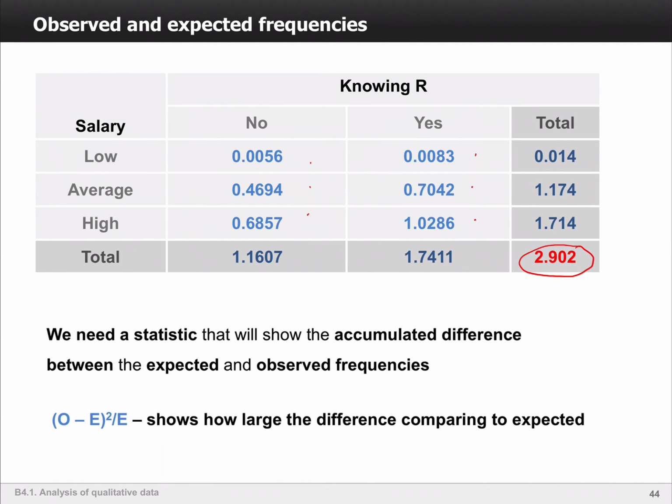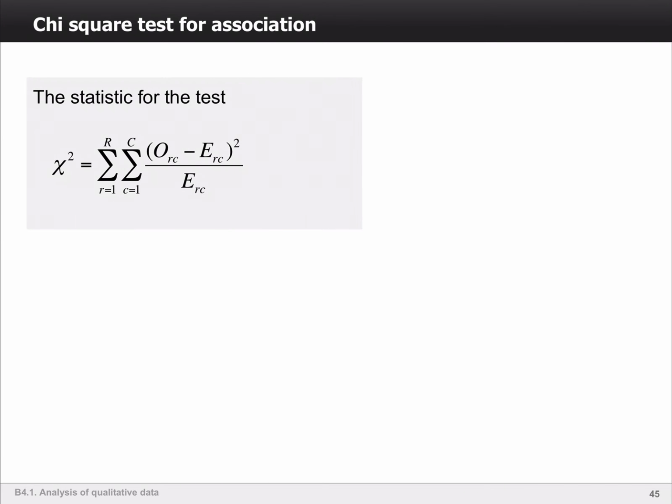We already know a distribution that describes a sum of squared values taken from the standard normal distribution. It's a chi-square distribution. So we can use the chi-square distribution to find out if this value is extreme enough for being taken from the population where there is no difference. This statistic is called the chi-square statistic.